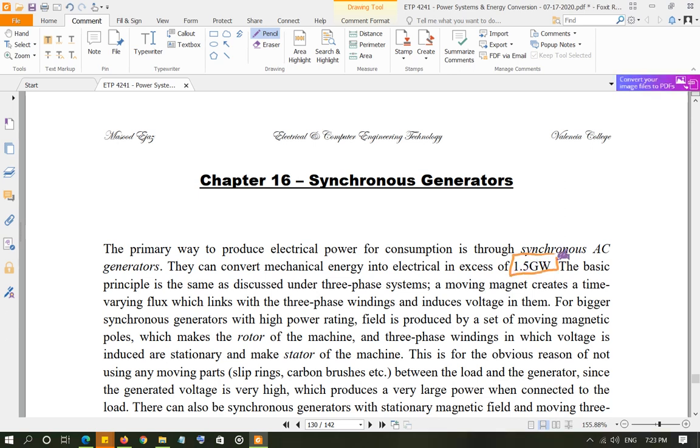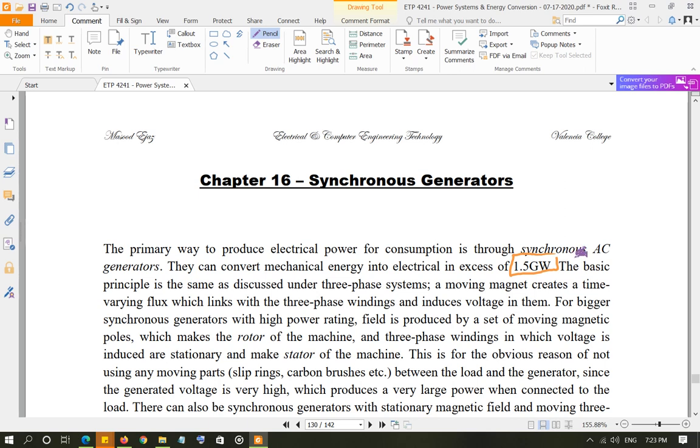Now, when you have this much real power, if you choose to put the armature winding on the rotating part, that means you need what? You need the carbon brushes, you need the slip rings, and with this much current coming out of the generator, you will have a huge drop at the slip rings and the carbon brushes. So it is not safe.